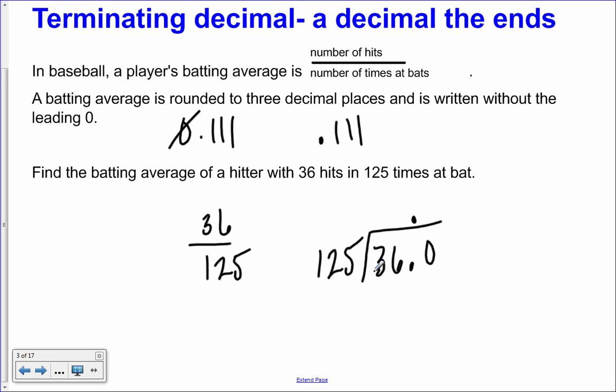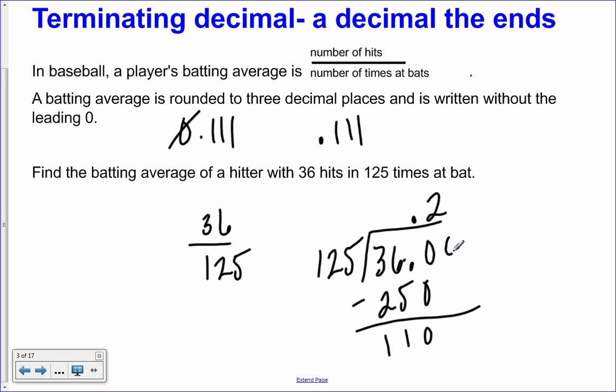So how many times does 125 go into 360? Well, 2 whole times. And you can use your calculator to help you to figure that out. So 125 times 2 is 250. Now I'm going to go through and subtract. So I have 1, 1, 0.